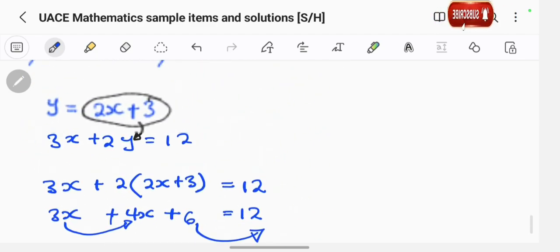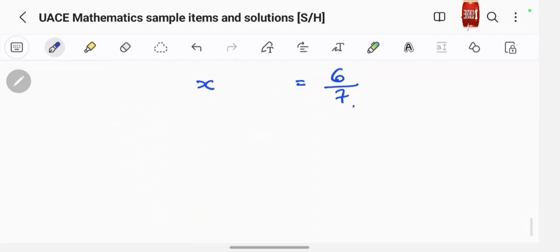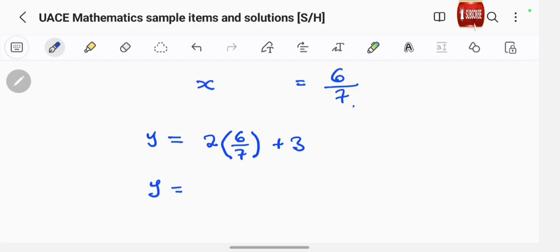After getting x, I'm going to use this very equation here to find the value of y. So y is equal to 2 times 6/7 plus 3. It's going to be 33 divided by 7.